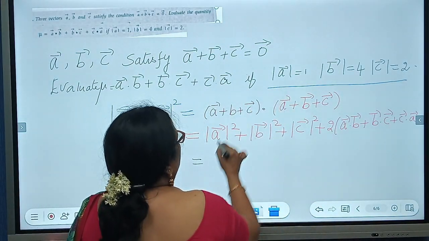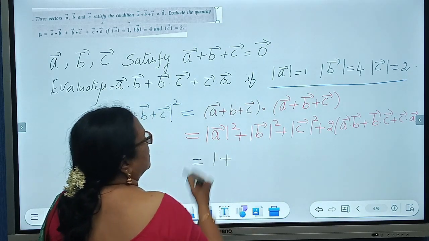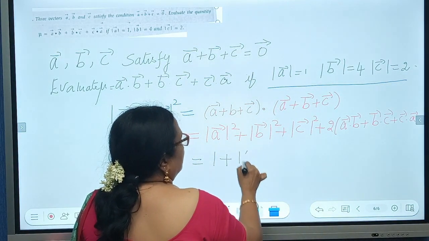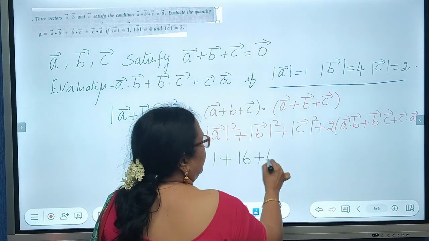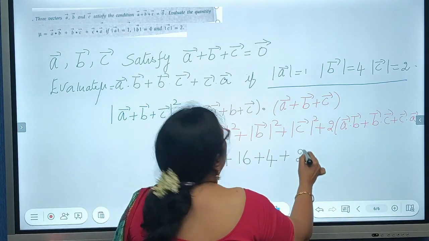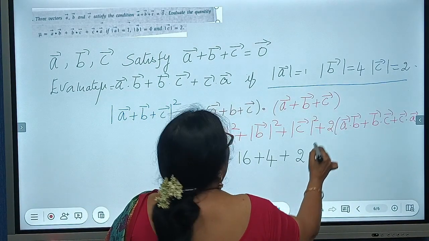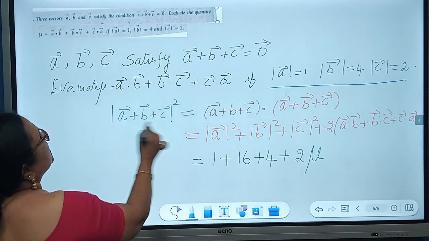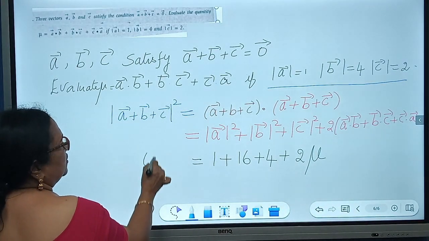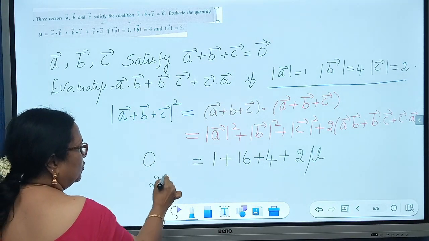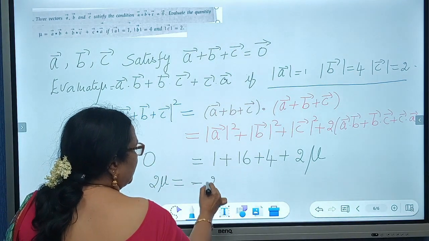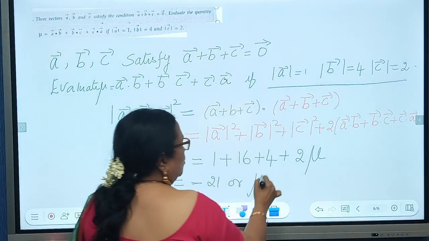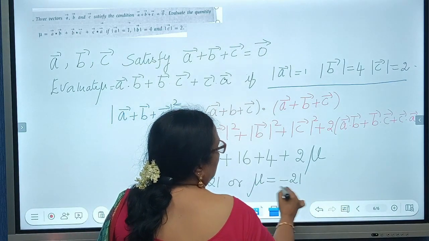You are given the length, which is 1, plus B square, which is 16, plus 4, plus 2 times mu, which is what you need to find. And this is given to be A plus B plus C is 0. So 2 mu equals minus 21, or mu equals minus 21 by 2.